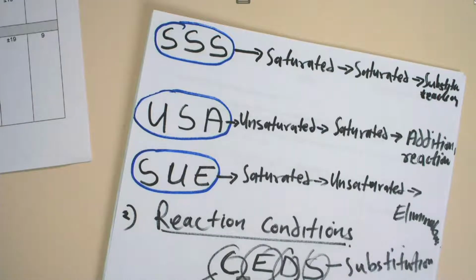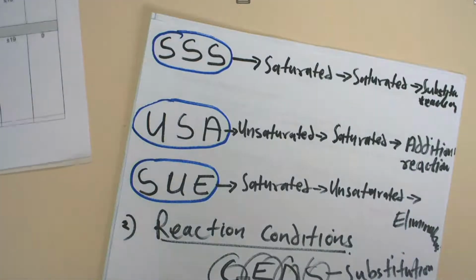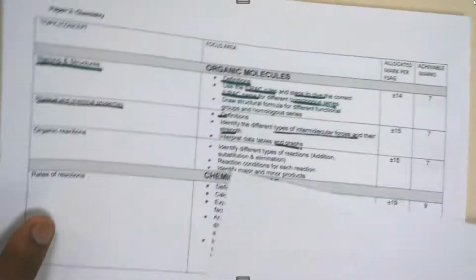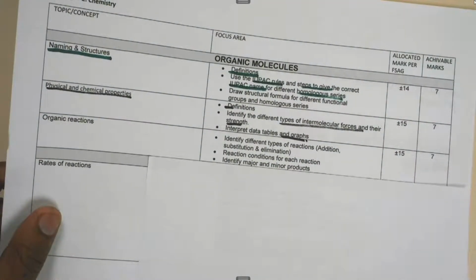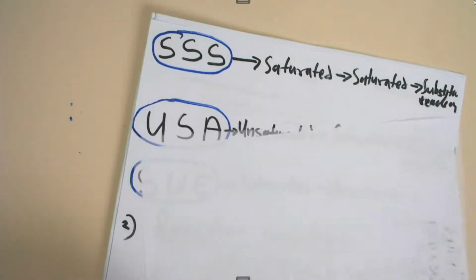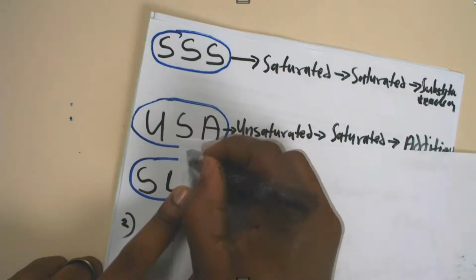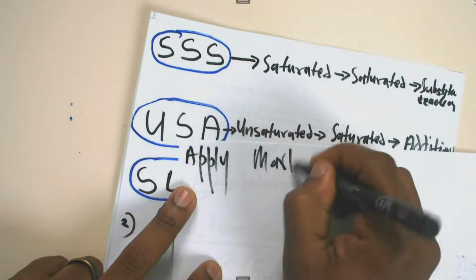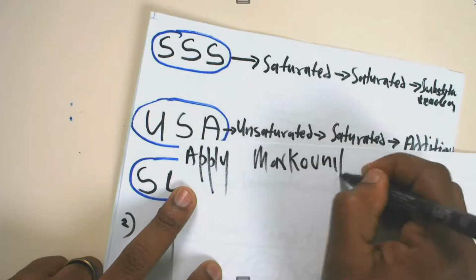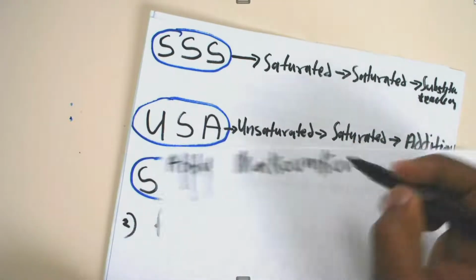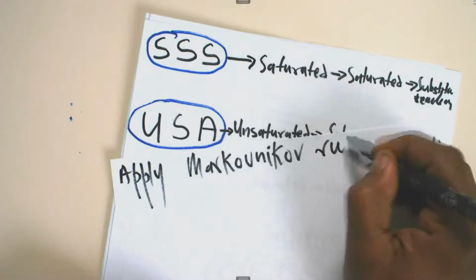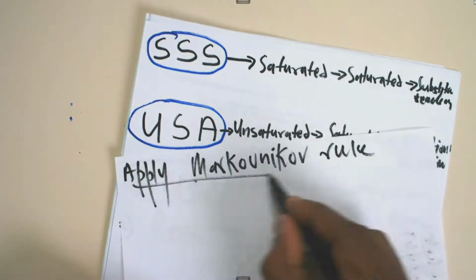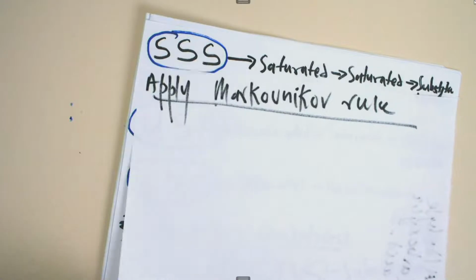But the examiner also says, under achievables, identify major and minor products. So for us to identify major and minor products, we must apply the Markovnikov rule.